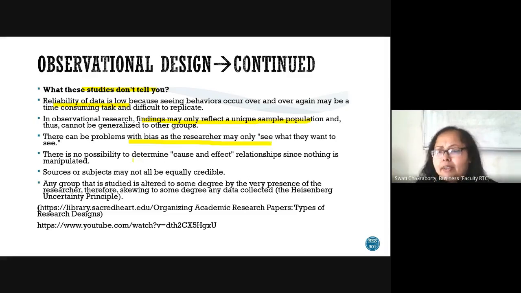There's no way to determine the cause and effect relationship because nothing is being manipulated. The sources or subjects may not be equally credible. Any group that is studied may be altered to some degree by the very presence of the researcher, so what happens? The data becomes skewed, right? That can get skewed because when we know that a person is watching, our behavior changes.